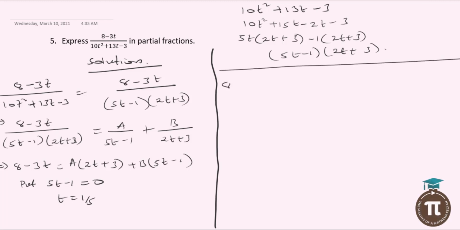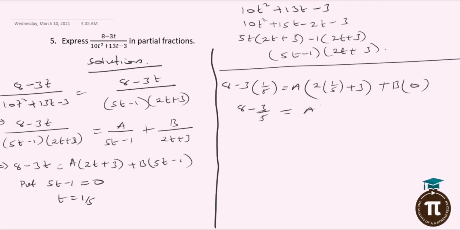So I have (8 − 3) all multiplied by 1 over 5 to be equal to A open bracket 2 multiplied by 1 over 5 plus 3, plus B. By the time you put 1 over 5 here, you'll be left with 1. 1 minus 1 is 0. So this will give me 8 − 3/5 to be equal to A. The LCM here is 5.